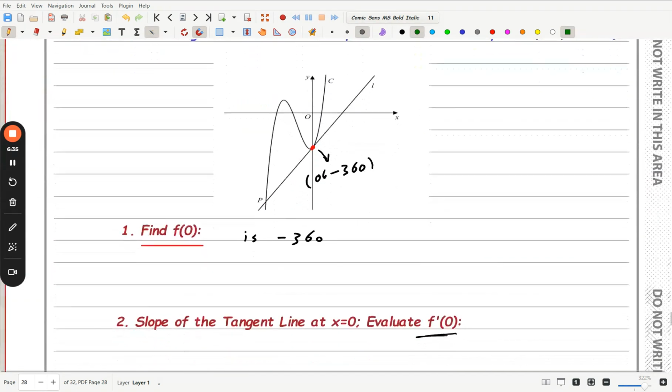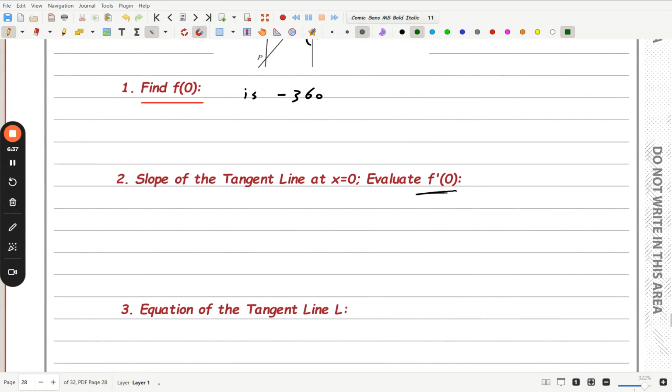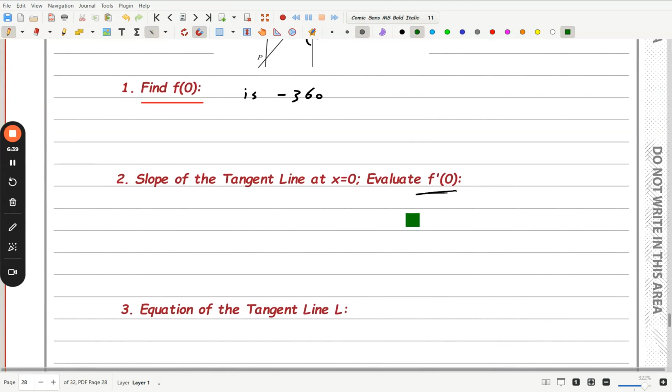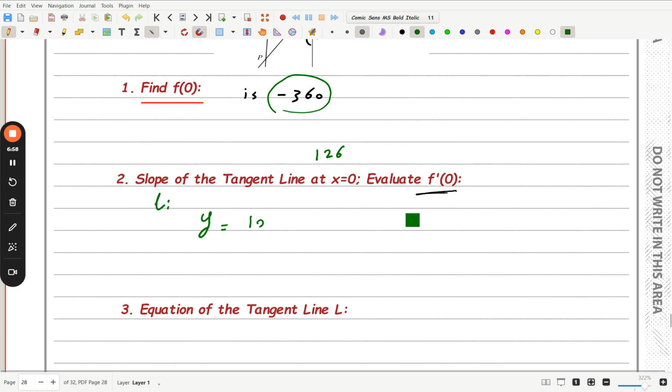Now here, because we found the slope of the tangent line, 126, and already we have the y-intercept, minus 360, we can write the straight line L equation. y equals slope times x, 126x minus 360.